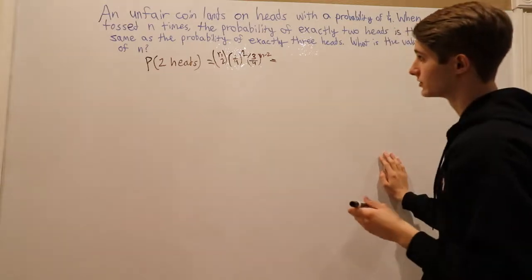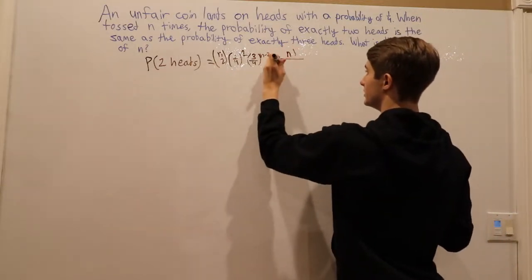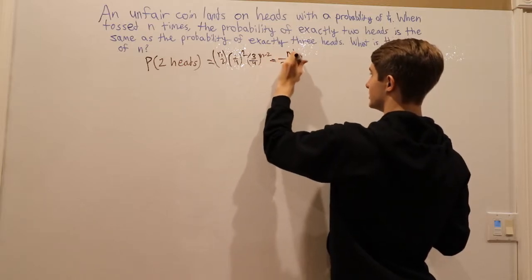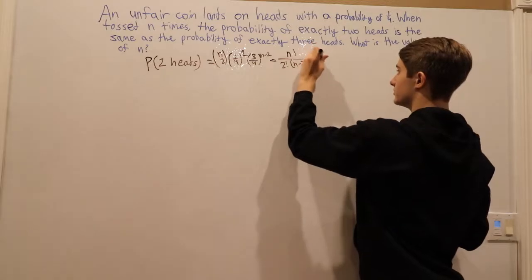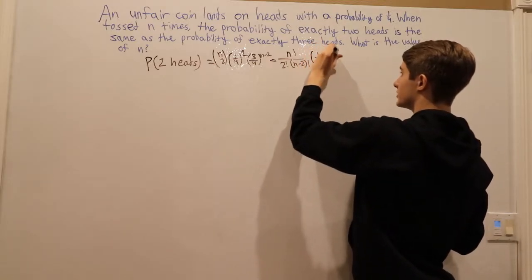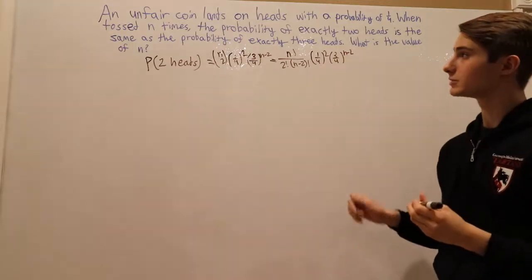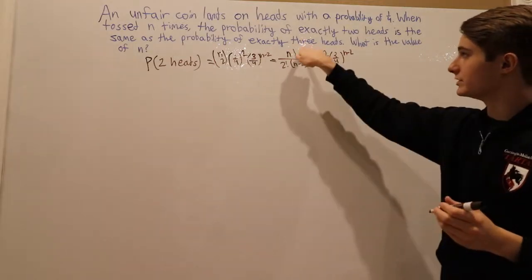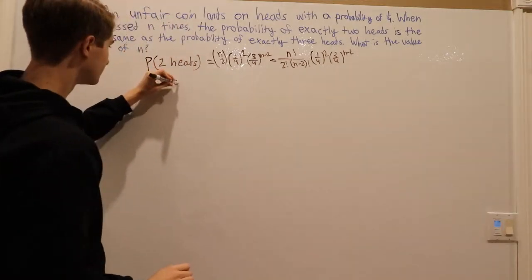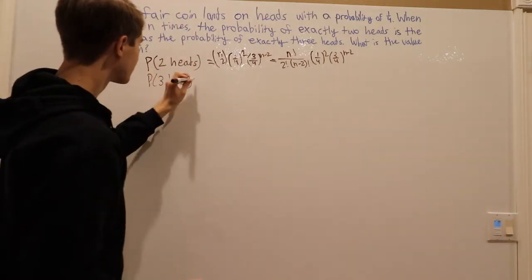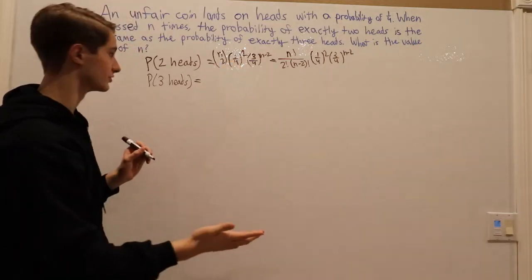Now we can calculate this a little bit. N choose 2 is n factorial divided by 2 factorial times n minus 2 factorial. And then we have 1/4 squared times 3/4 to the n minus 2. Now we need the probability of getting exactly 3 heads. That is going to be the same form, but with all of the 2's switched to 3's.